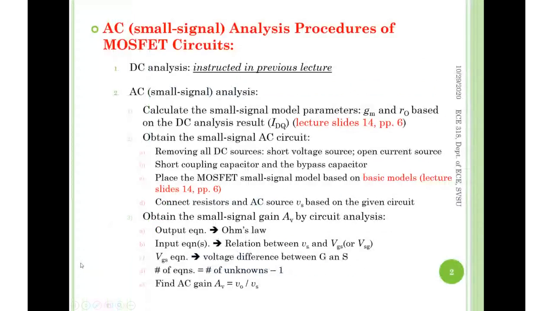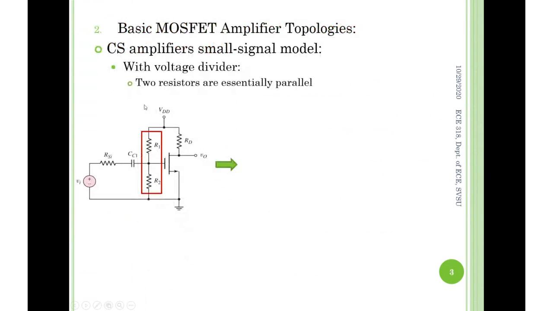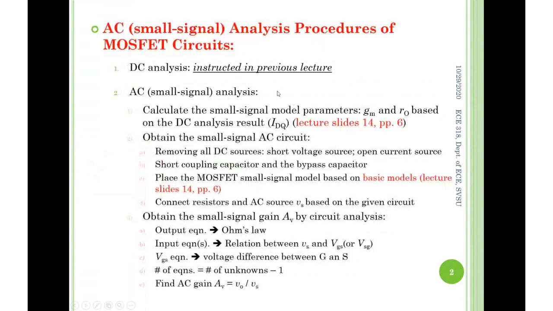Here, I'm directly providing the standard procedure. If you recall, we had something similar for DC analysis of MOSFET circuits. For AC small signal analysis, never forget the first step is, and always is, DC analysis.